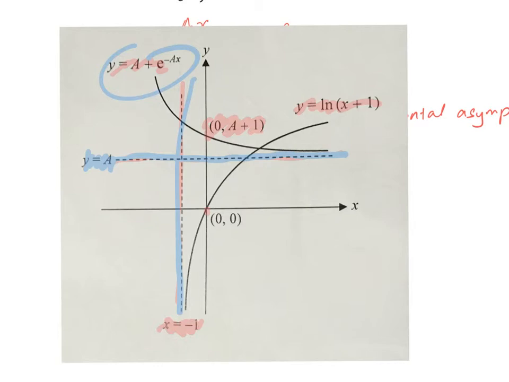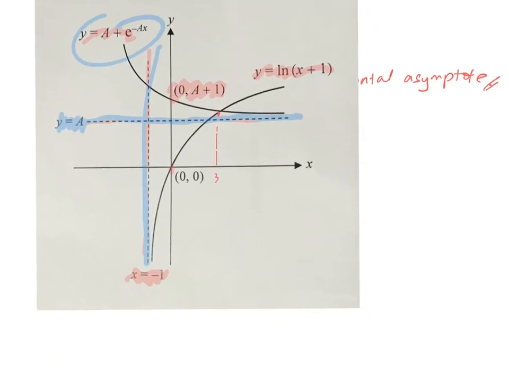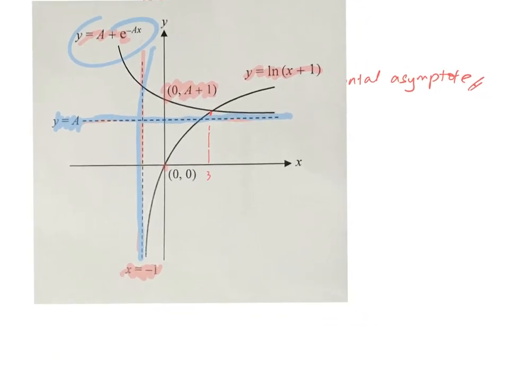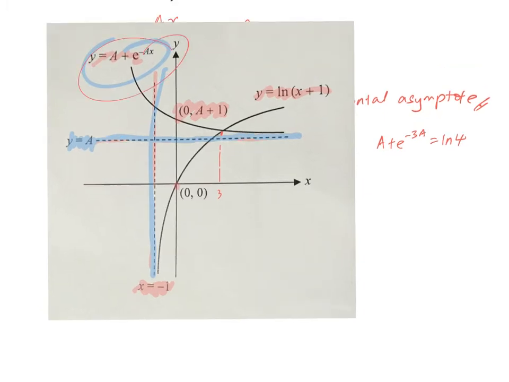Given that they intersect at the point where x equals 3, show that a satisfies the equation a plus e to the power -3a equals ln 4. It's very easy, because you are looking at the two curves.